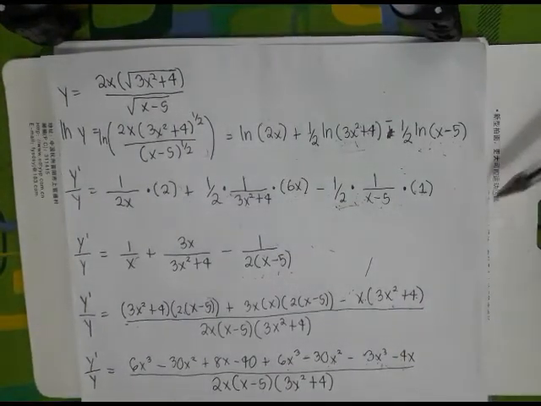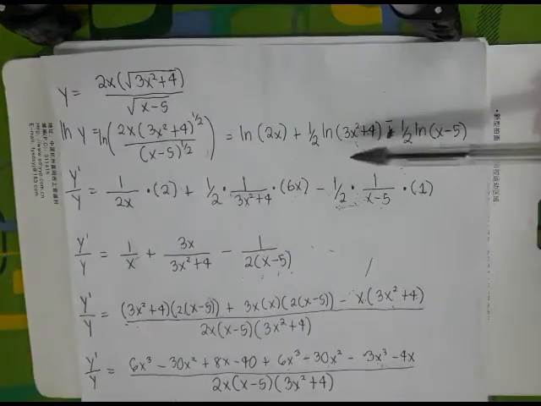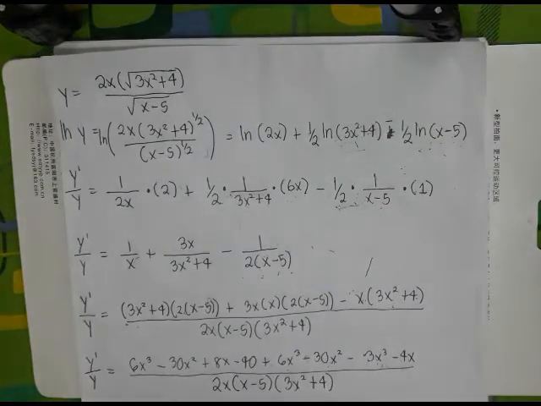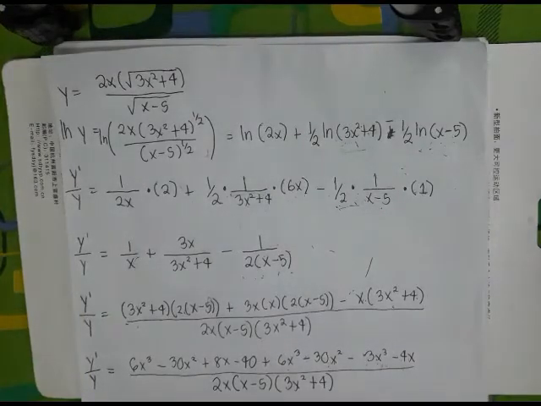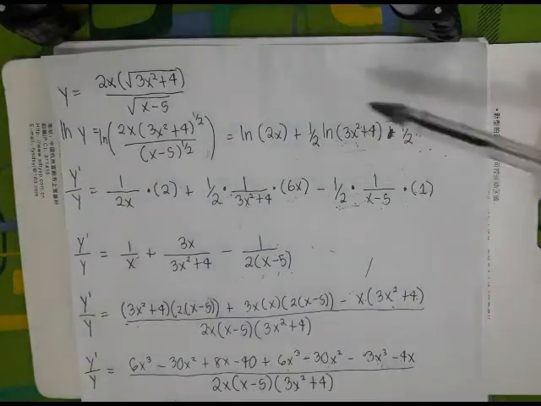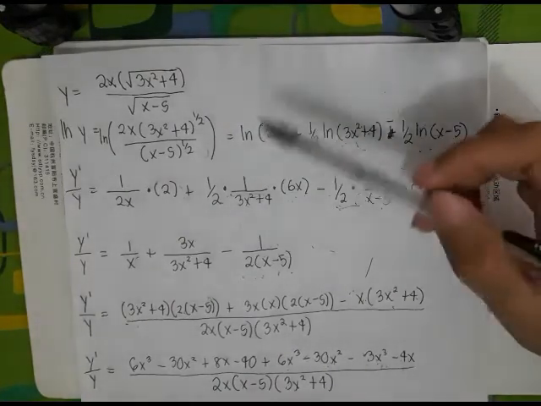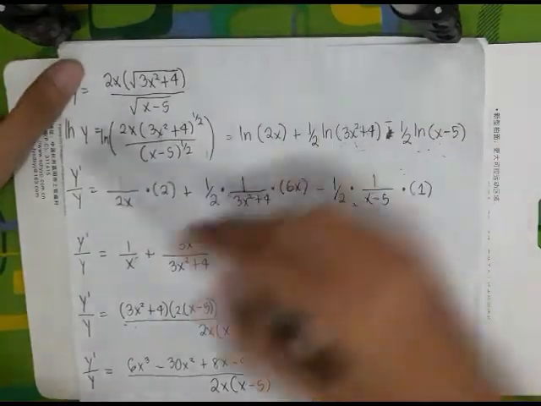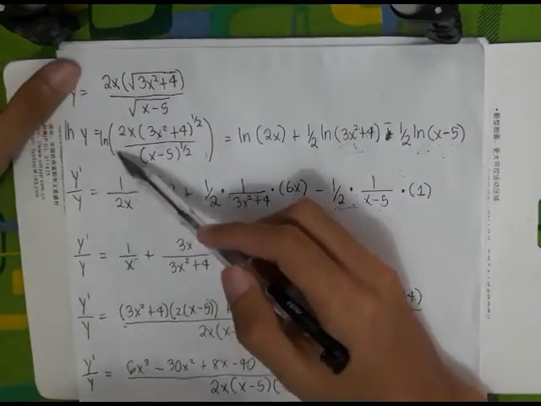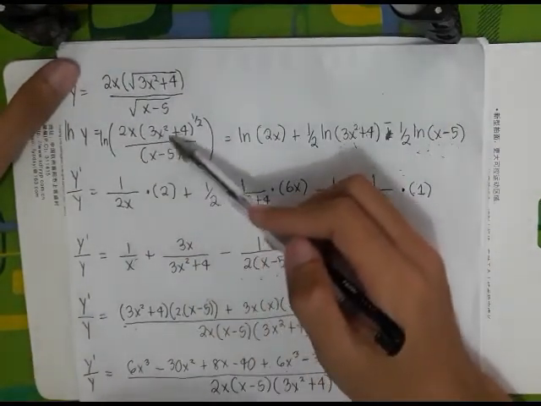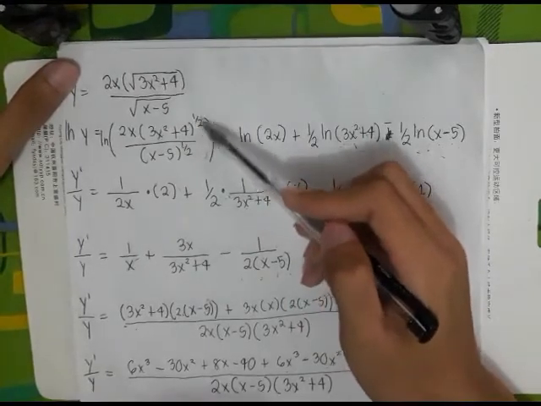Now the function will be ln y equals ln of 2x times 3x squared plus 4 to the power of 1 half.